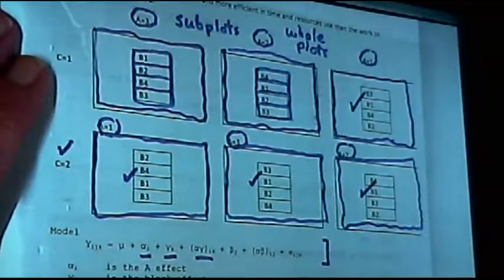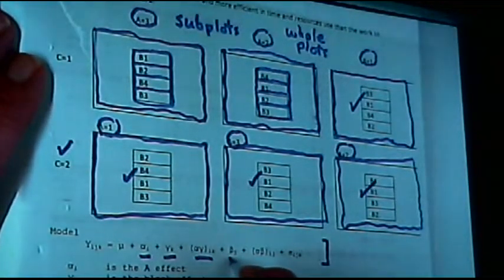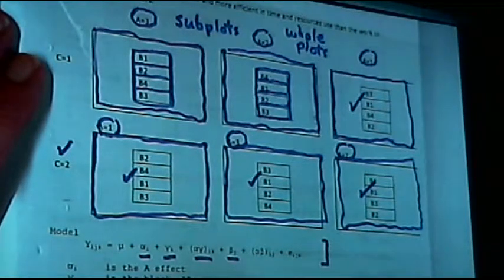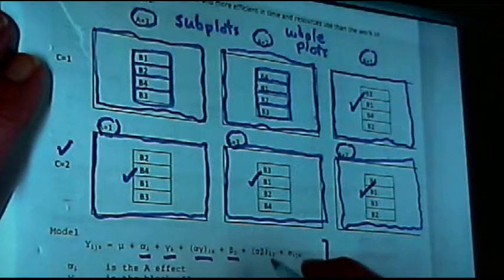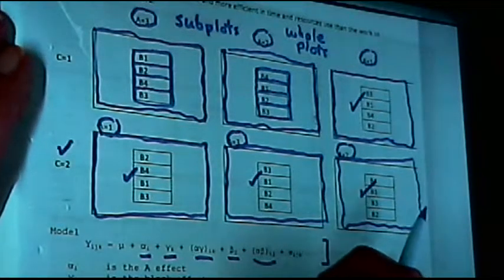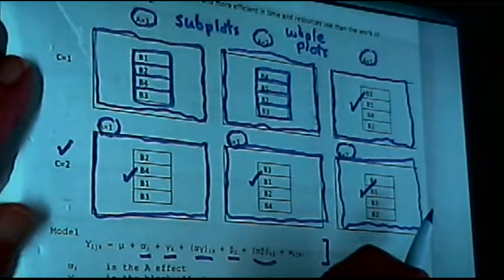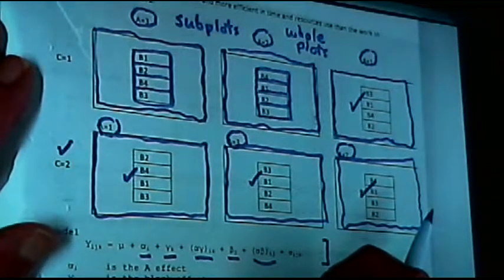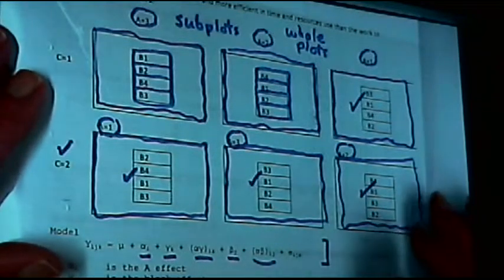Then we go on and say, well, there'll be some effect on the response due to the B factor. So let's throw in a beta J for the effect of factor B. And now, here's a tricky thing. Let's throw in here an interaction between A and B, an alpha beta ij. And then there's our model.